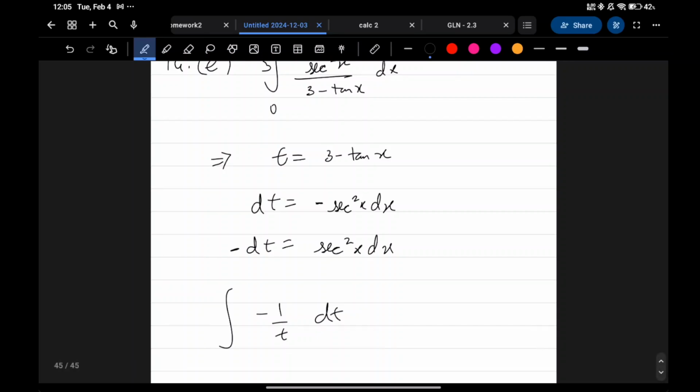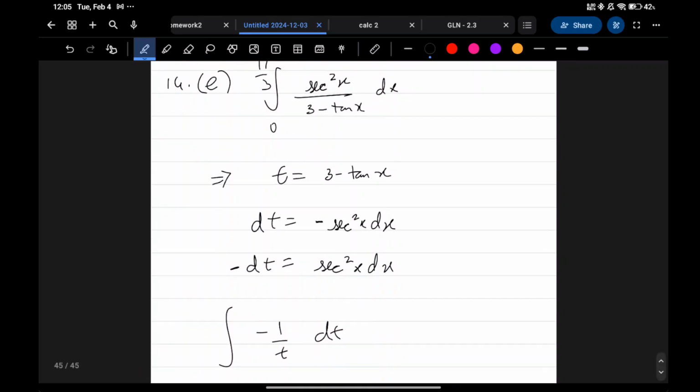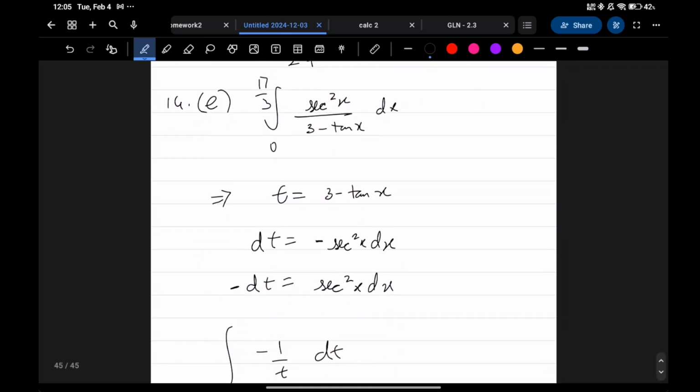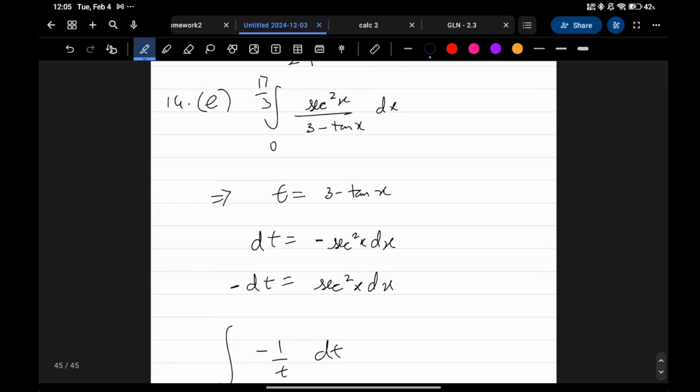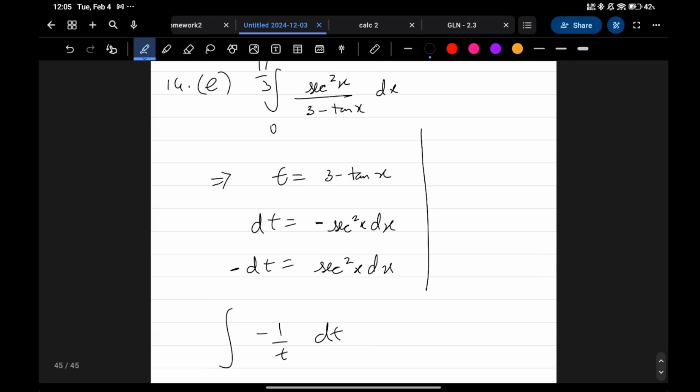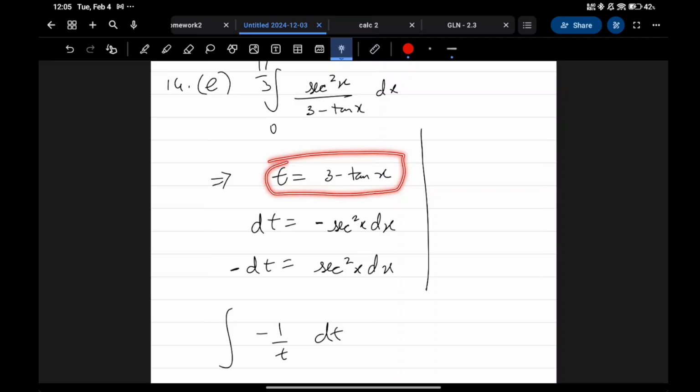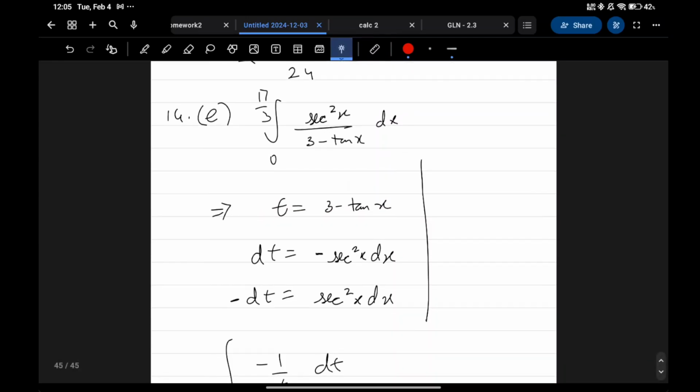Now, before dealing with the constants and everything, let's take a look at the bounds. Now, because this thing has bounds, I have additional steps. I said that t is equal to 3 minus tan x. Now, guys, you are in Calc 2.